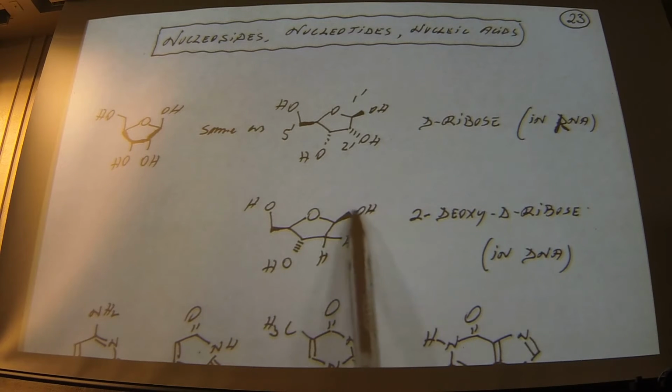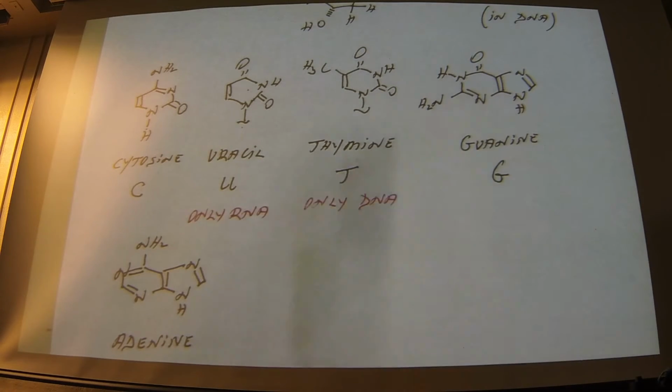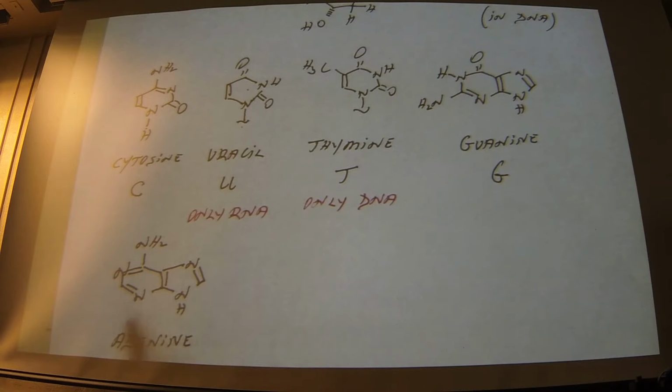Now, attached to, so in place of this oxygen, there's a nitrogen atom provided by one of these bases. So it's either this nitrogen or that one, or this one, or that one, or that one. And these are the bases. So G and A are in both DNA and RNA.